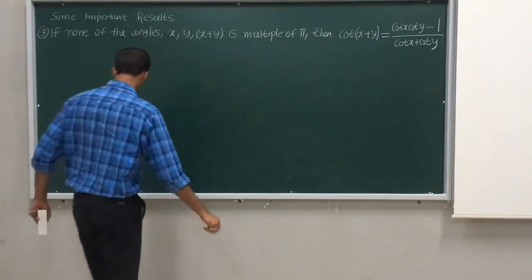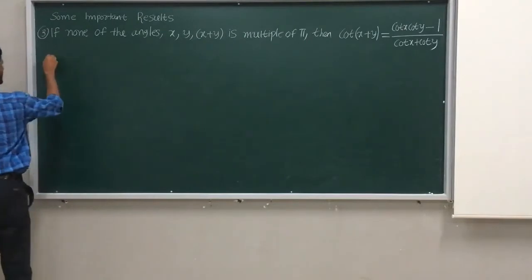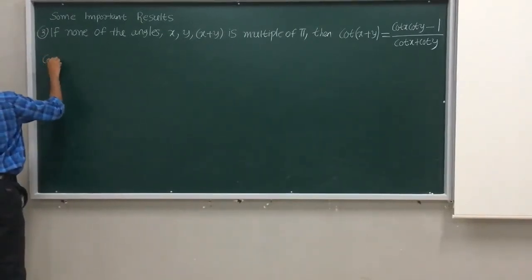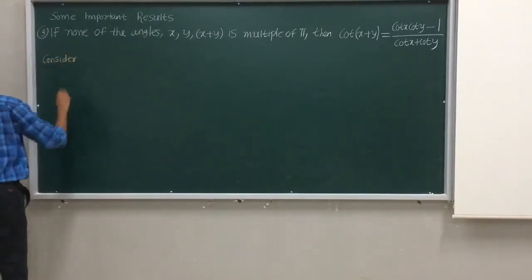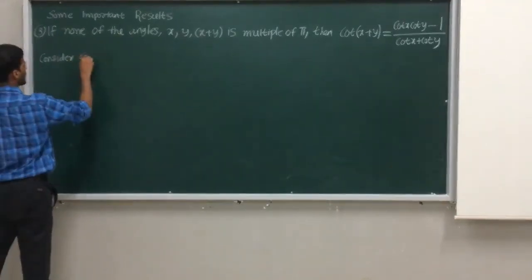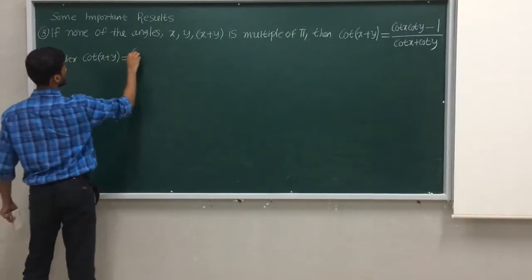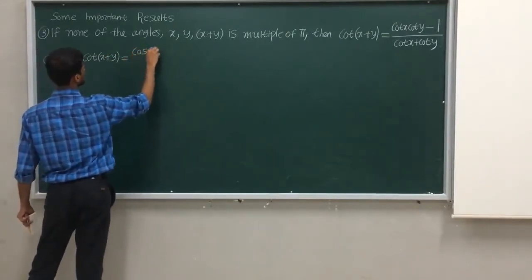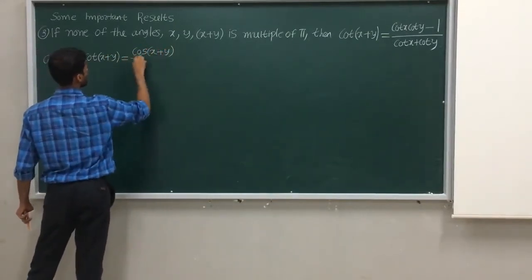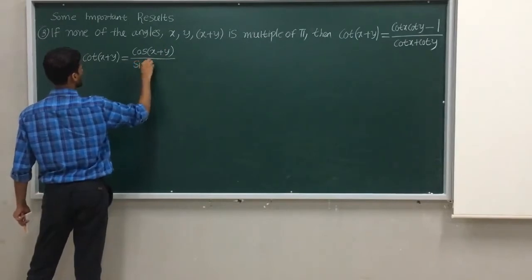Now consider cot of x plus y. Cot can be written as cos by sine, therefore it is cos of x plus y upon sine of x plus y.